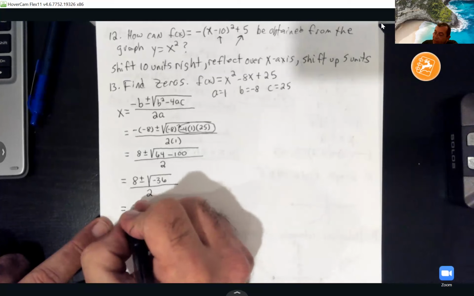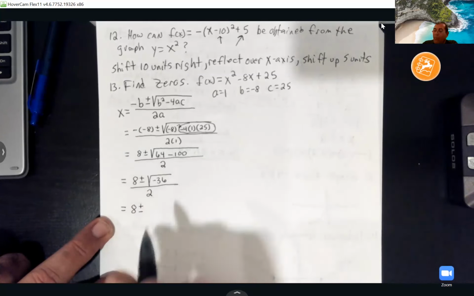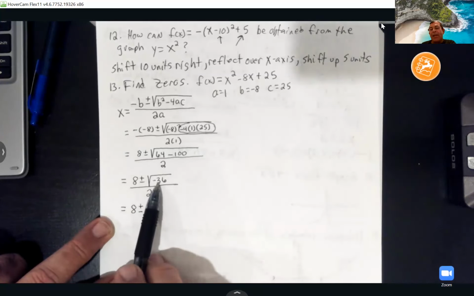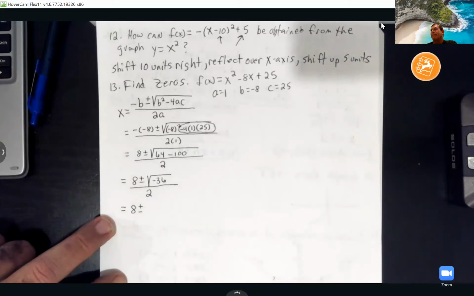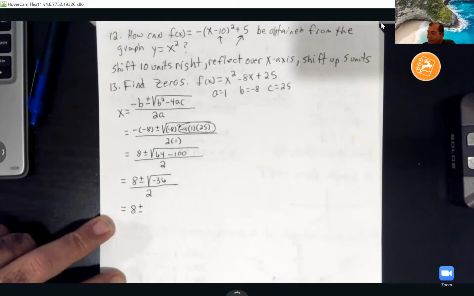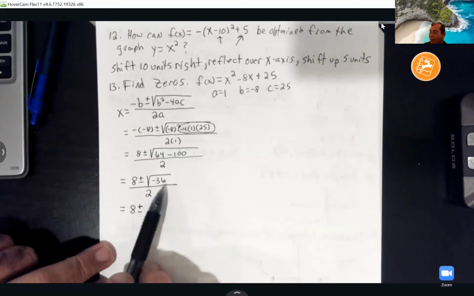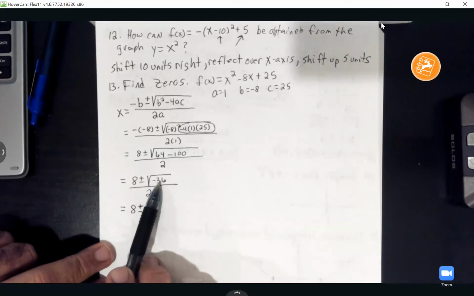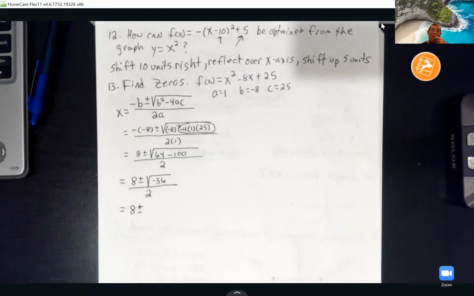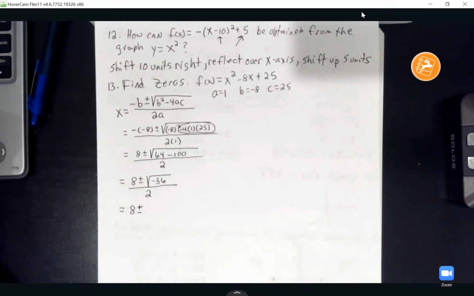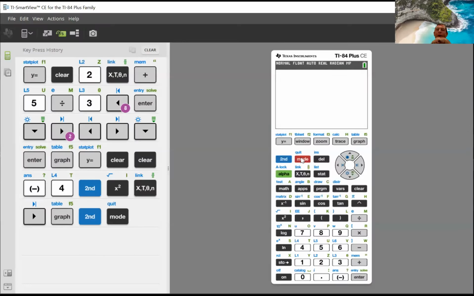So now let's see what y'all remember. What is the square root of -36? I don't think you can put that in a calculator. Well, you can't when you're in regular mode, but, oh, it's going to be i.